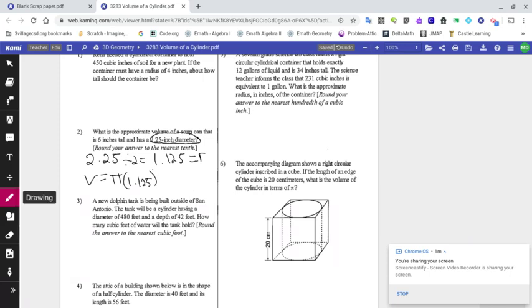That's pi r squared, and then times the height, which is 6, which is going to give me 23.856, which would be 23.9 to the nearest tenth of a cubic inch, inches cubed.